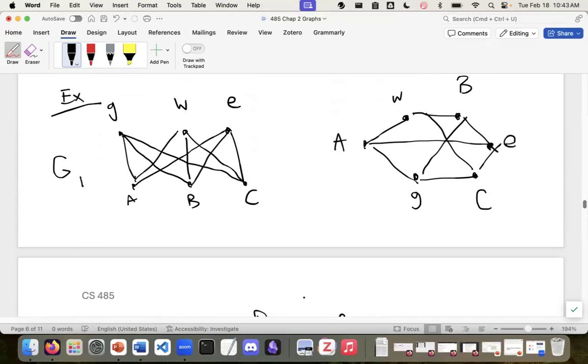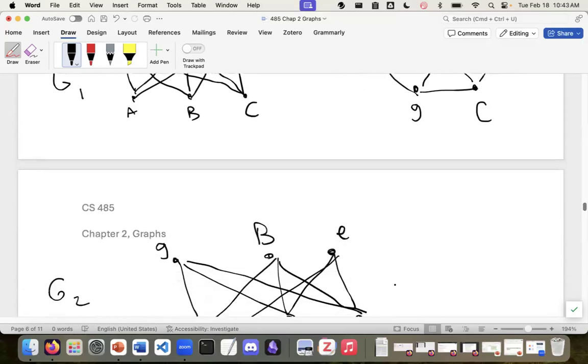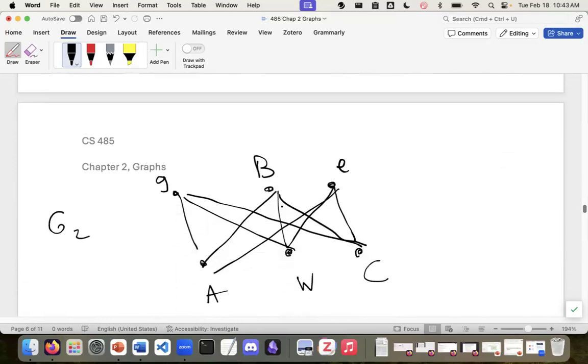A and C, no edge. B and C, no edge. But over here, we've got an edge between A and B and C. So that makes this not the same graph. So we can say that G1 is not equal to G2 purely because of how we've labeled it.